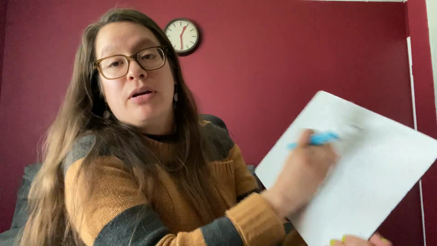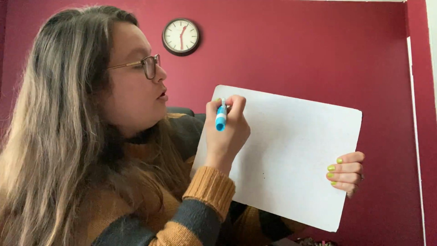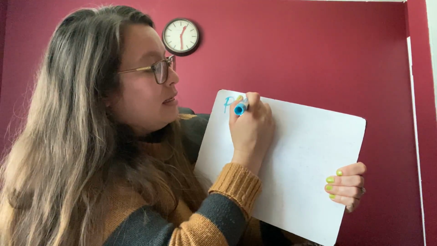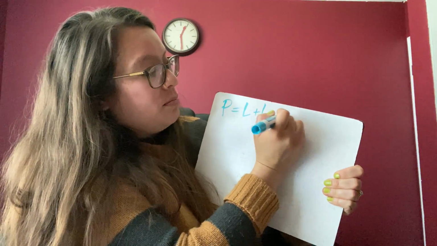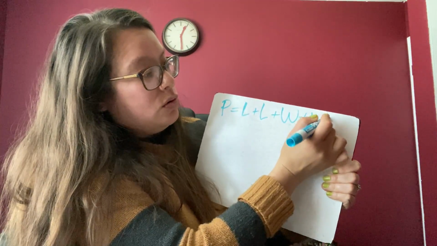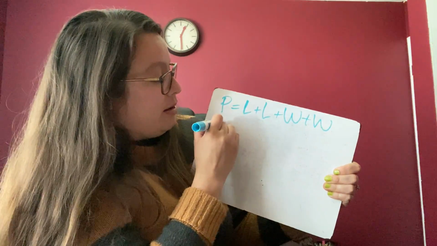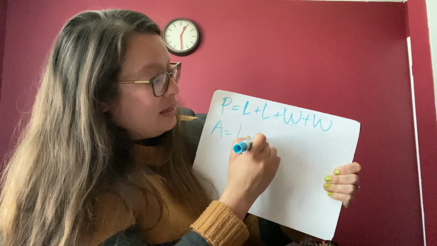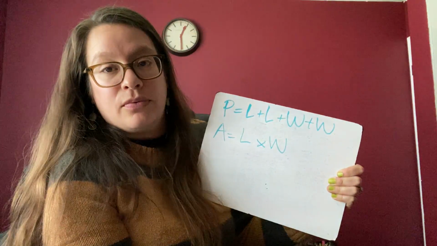Okay, now for number 9. Number 9, perimeter and area. Let's recall, perimeter is length plus width plus length plus width. And area is length times width, right?